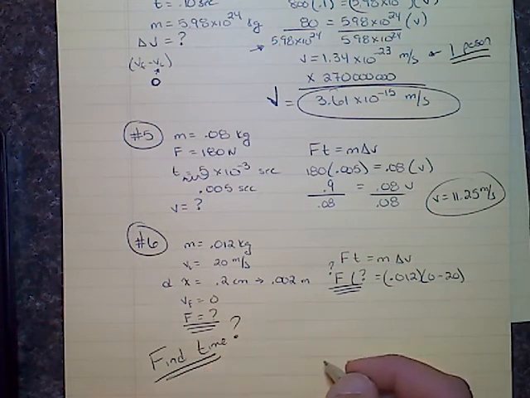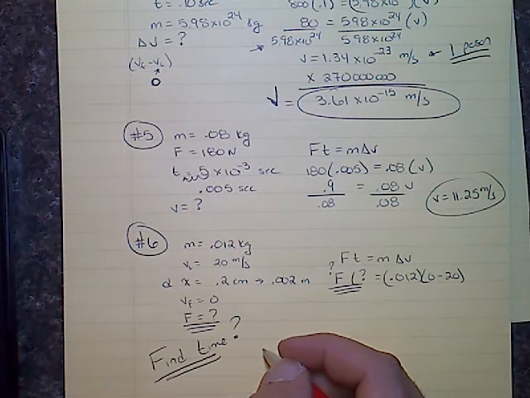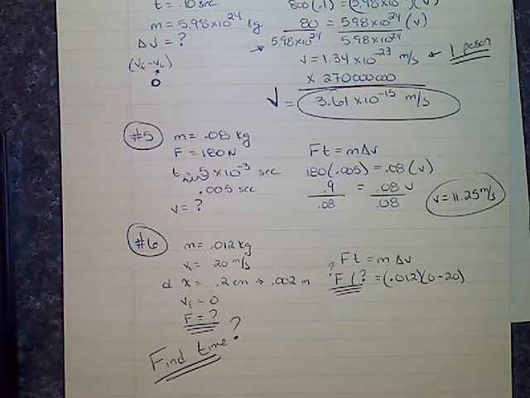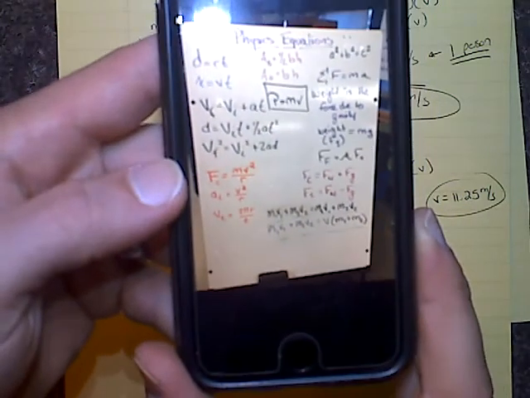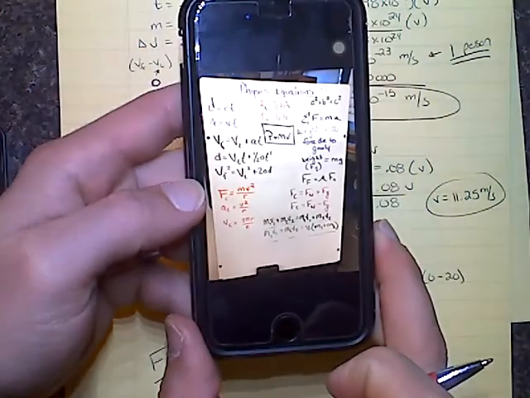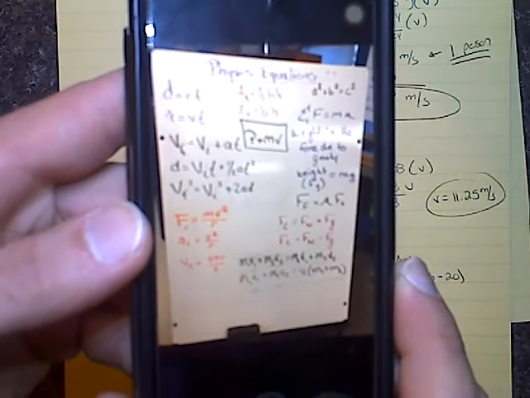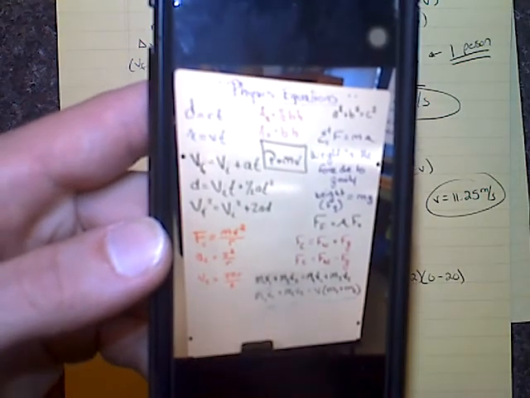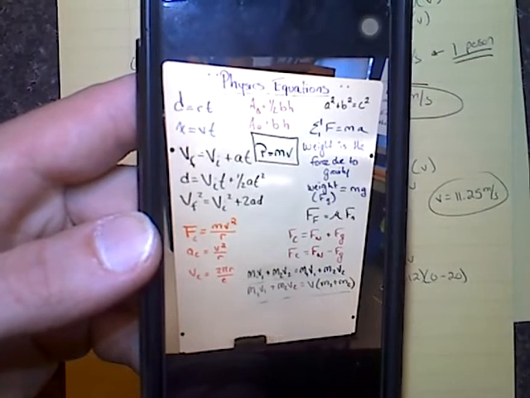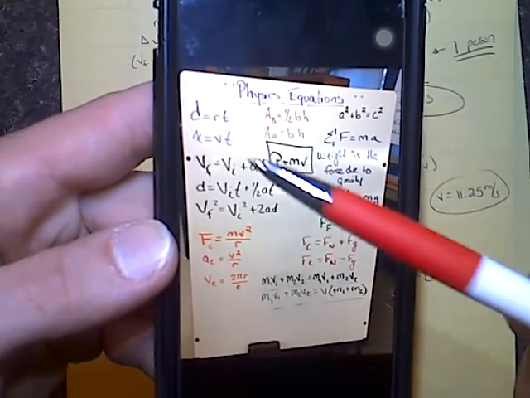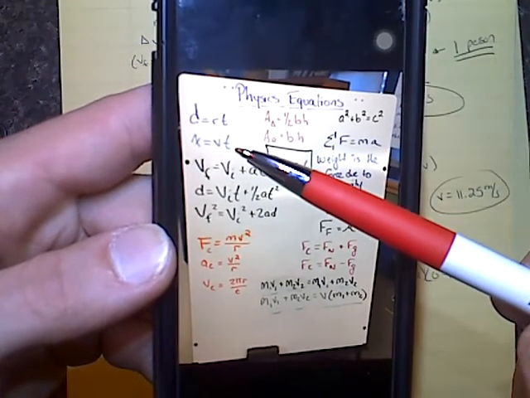So how are we going to find time? Well, think back. These equations never go away, guys. Let me bring this up for you on my pictures. You guys remember all these equations, right? There we go. These equations never ever go away. The equation we're going to use to find time is this one right here.